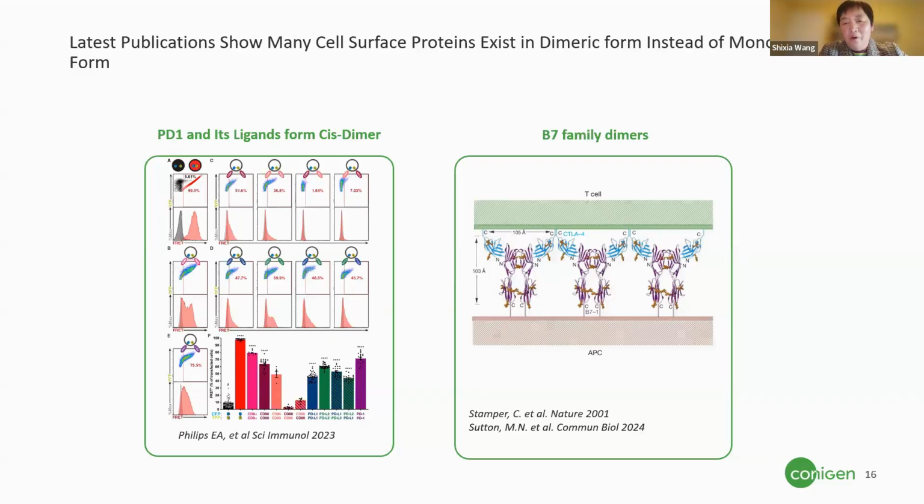They also form dimers on the cell surface, which is important for their functions. For example, B7-H3 is an important therapeutic target. On cancer cells, the majority of these molecules can form dimers, so dimerization can be a good potential target for antibody discovery.